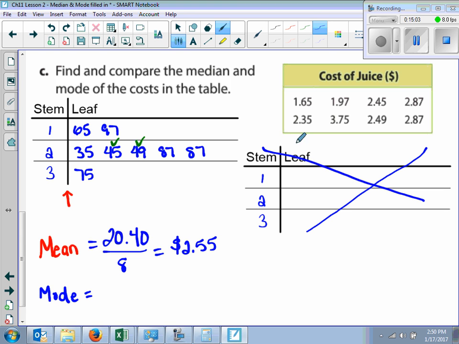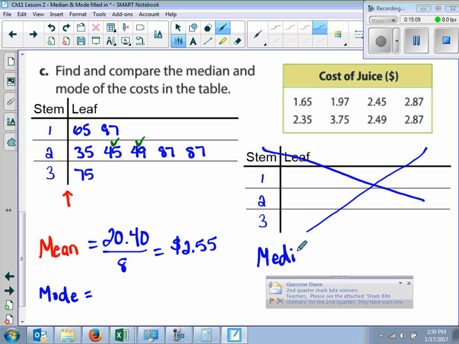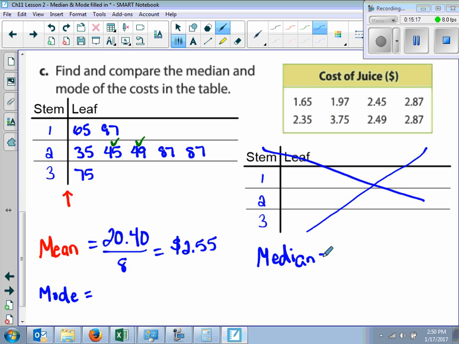So to find the median, we want to take those two middle numbers and divide them by 2.